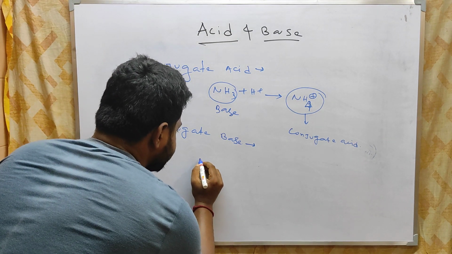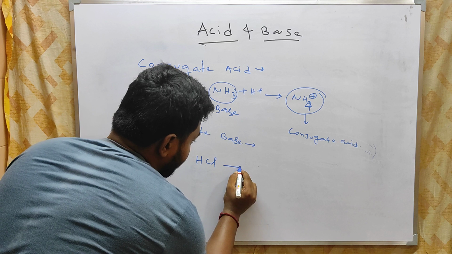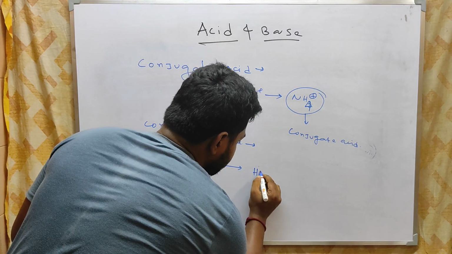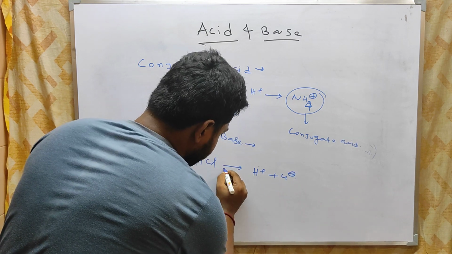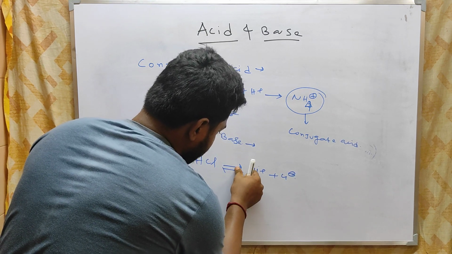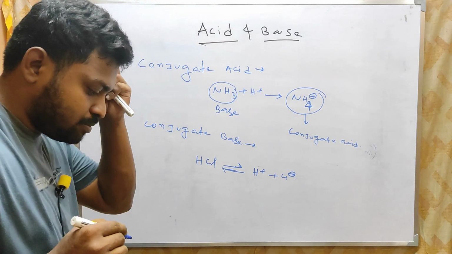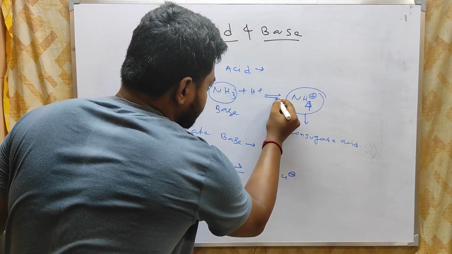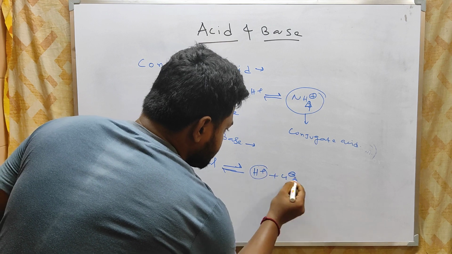And what is the conjugate base? When an acid, say HCl, dissociates, it forms H plus and Cl minus.